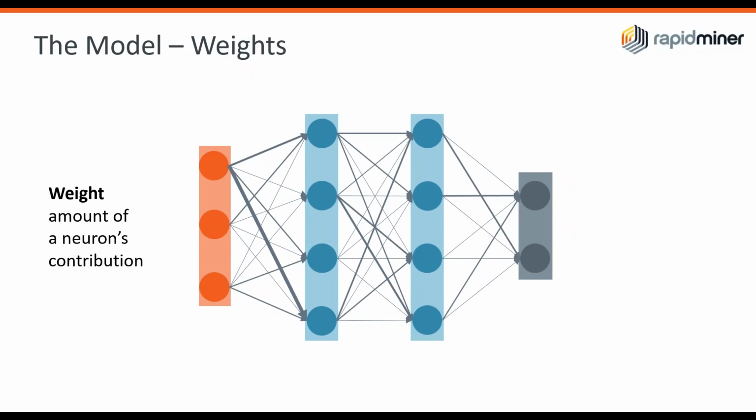So here, a thicker arrow indicates that a bigger portion of the information of a previous neuron, so a previous attribute, is used for the next one. And these weights are the things that the model needs to learn during the training process. So we have weights between each layer, and altogether they are the weights.